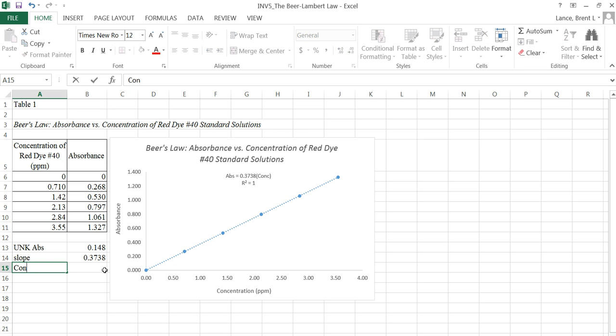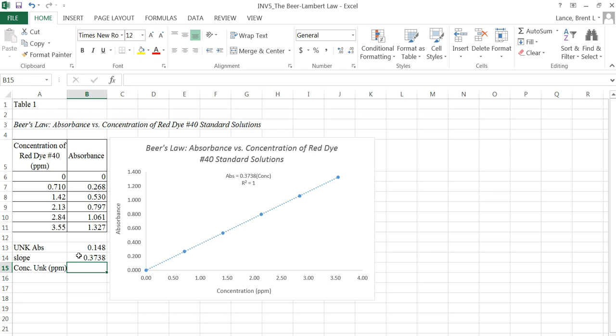I can solve for the concentration of unknown, and that would be in units of parts per million. If you look at your equation, if you have the absorbance and you divide it by the slope, then that'll give you your concentration. So the absorbance was 0.148, the slope is 0.3738. If I divide that, then I should get the concentration experimentally for that.